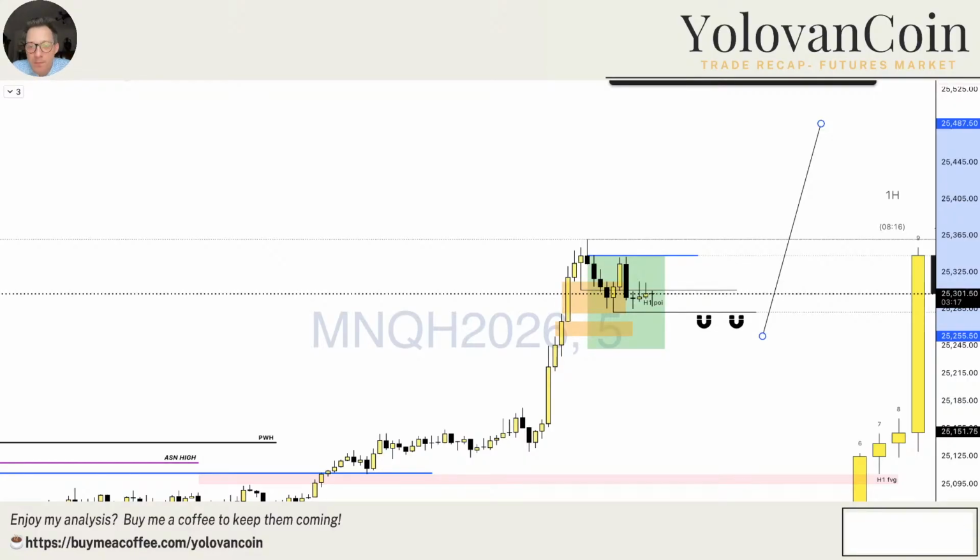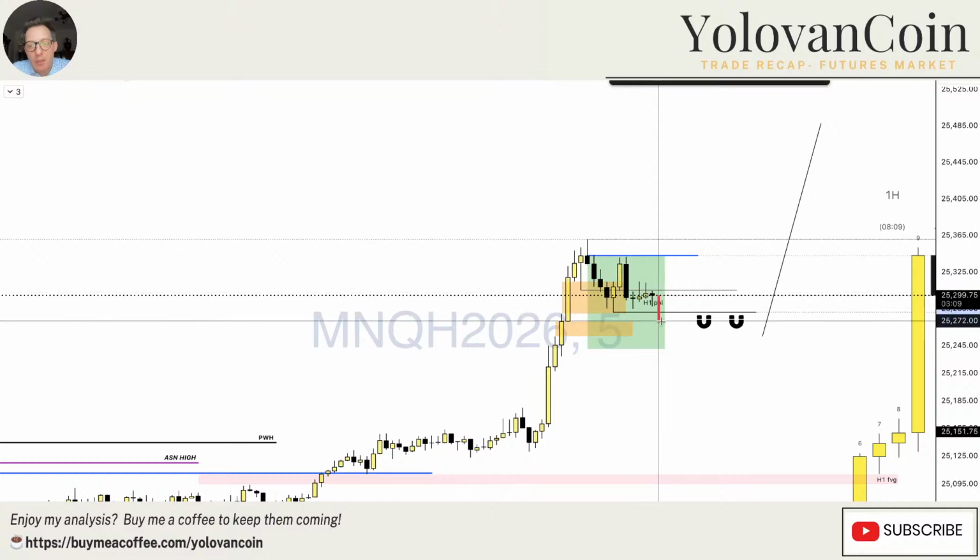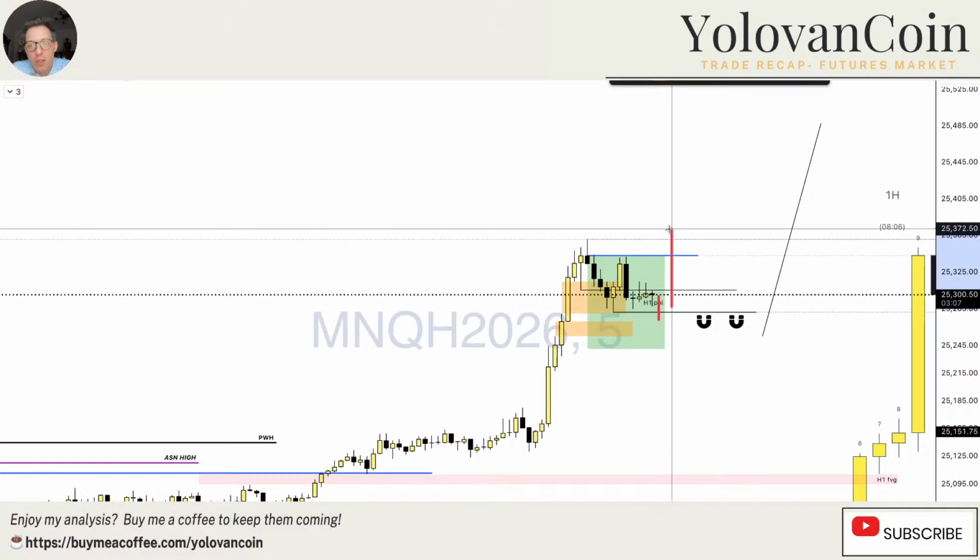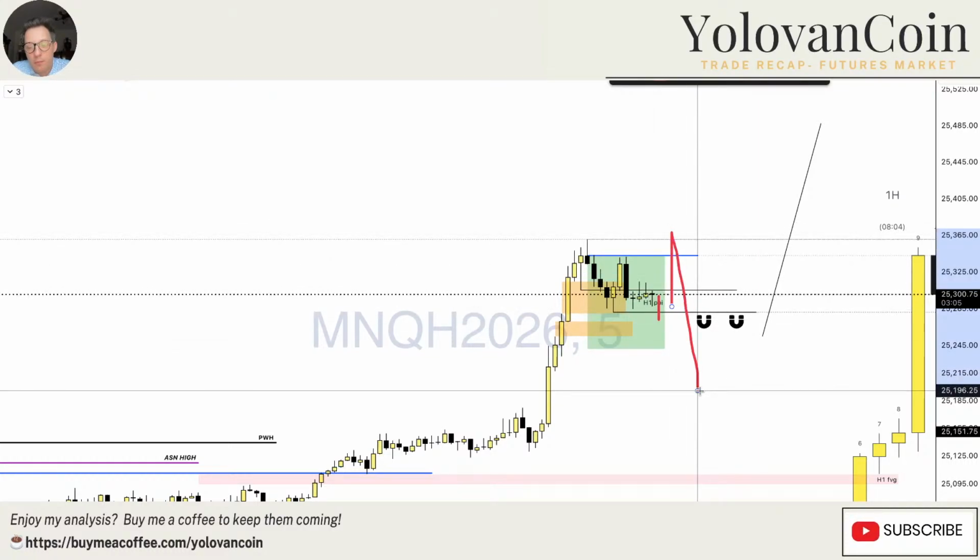If the price wants to go higher, it has to manipulate lower first on Nasdaq. It has to take out this low. If it goes higher, then it's gonna go lower. So it's not rocket science. Nasdaq, do something, please.